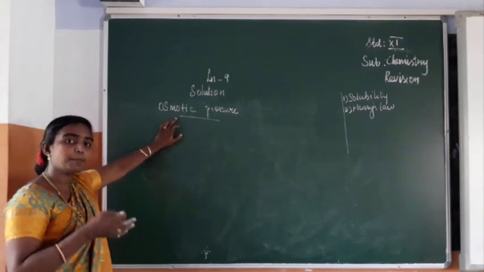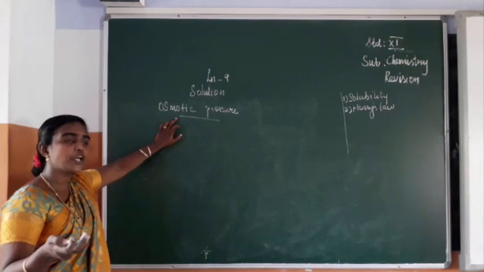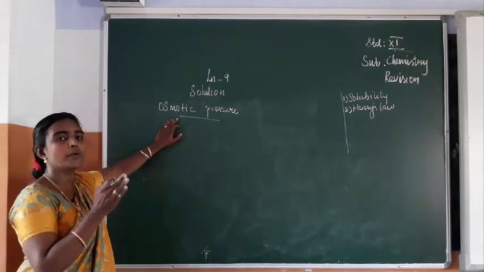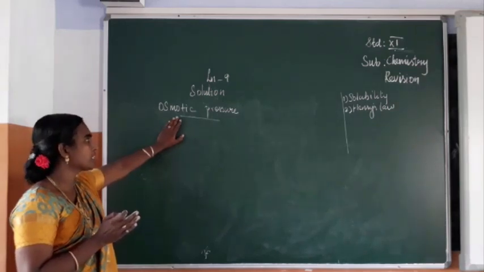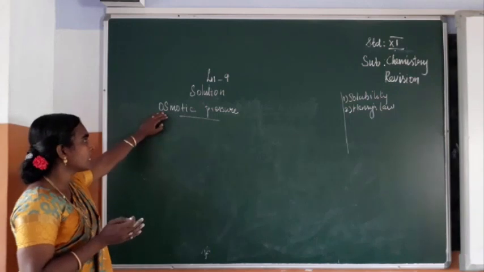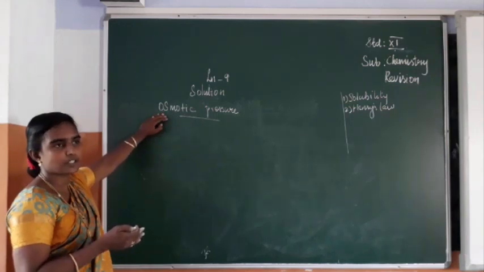And osmotic pressure is the pressure we apply to stop the inward movement of solvent, that is called osmotic pressure. So these two definitions we have to learn, osmosis and osmotic pressure.